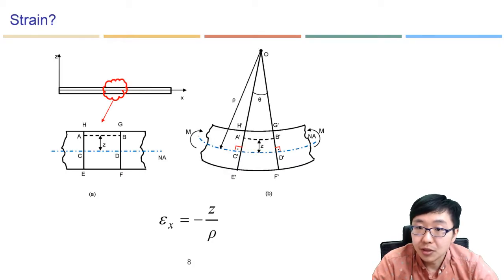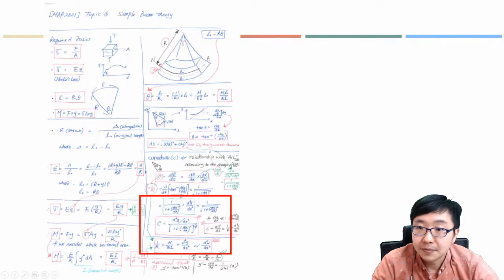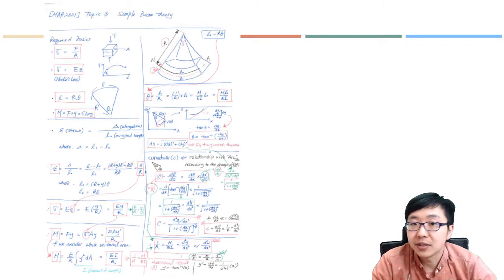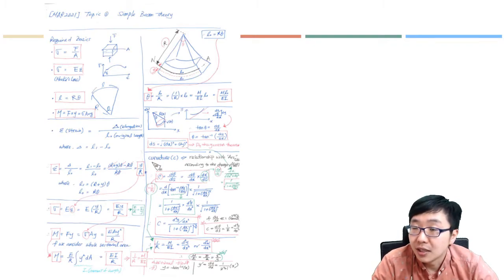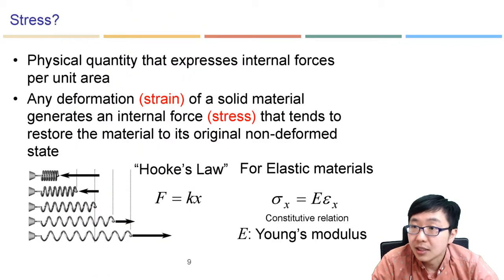So about this kind of bending, we were able to obtain this before. If you don't remember, please have a look, remind yourself, and open the previous lecture slide, which I have provided for you to derive this simple beam theory, right? And this is the stress.